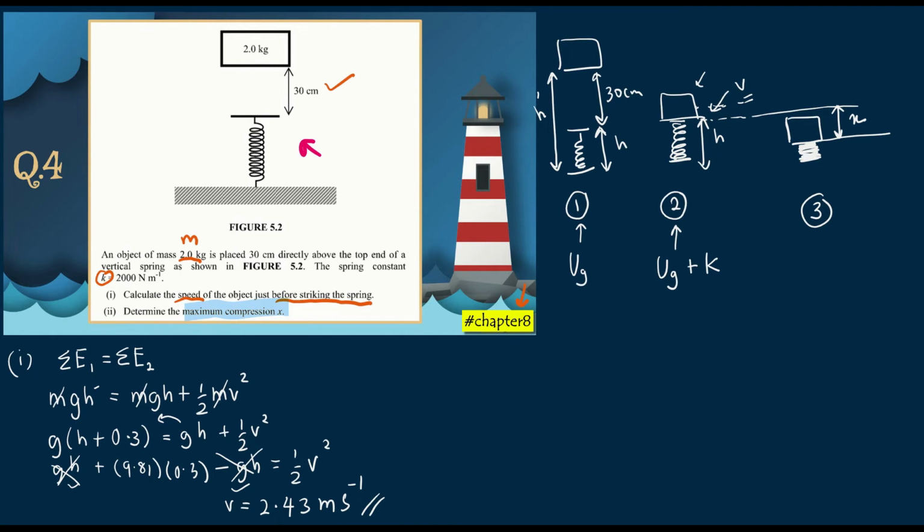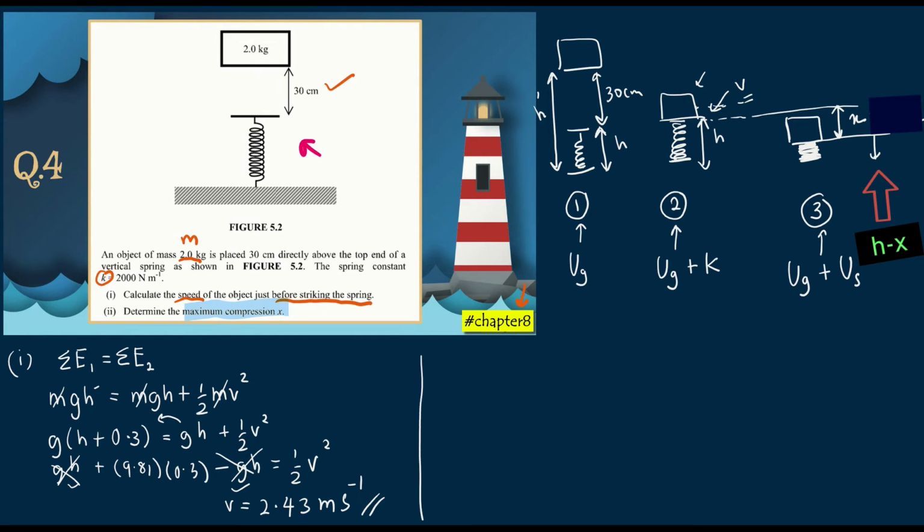Our height of the object now is equal to h minus s. You have to understand that concept. So for number 3, we have the energy UG and also US, elastic potential energy, and we no longer have kinetic energy because it stops when it compresses the spring.